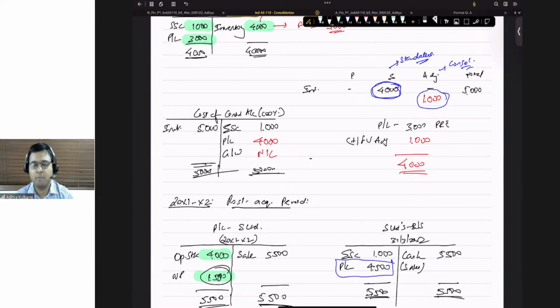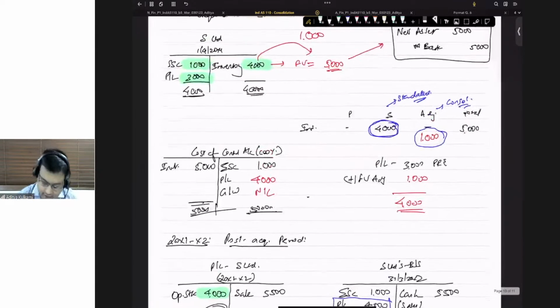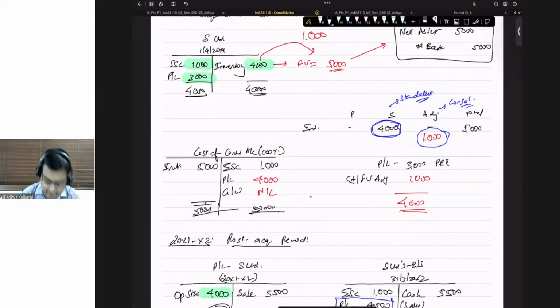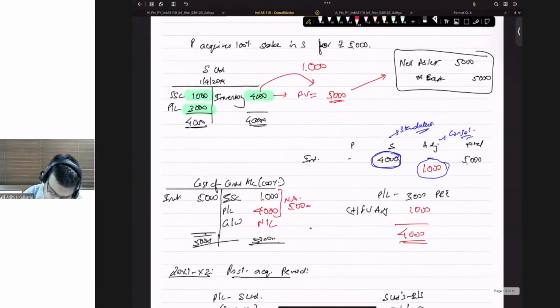Entirely, it relates to pre-acquisition reserves. Once I do the fair valuation, you can now check and appreciate the net assets become 5,000, which is exactly equal to the takeover entry net asset value of 5,000.